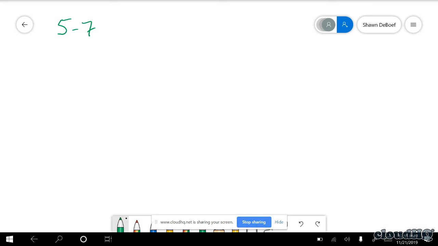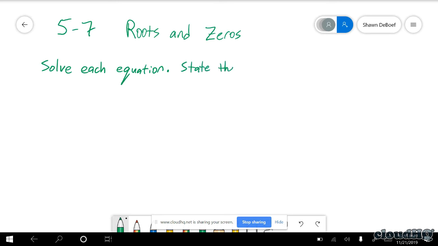Today we're going to look at section 5-7, roots and zeros. Okay, so we're going to start with a couple of quadratics, things that we dealt with last unit.